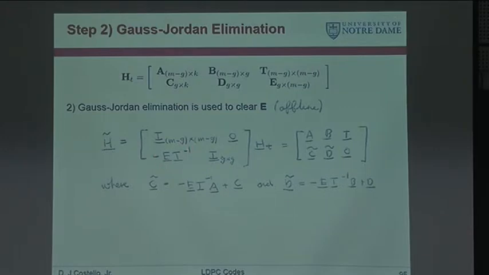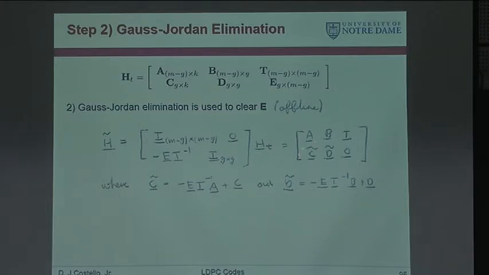Okay, it's going to take minus E, and we can forget the minus signs because this is modulo 2 addition, so minus is plus. But if you were doing it in some other field, you'd have to use minus. So you multiply by E times the inverse of T, the first row, and then the second row times the identity.